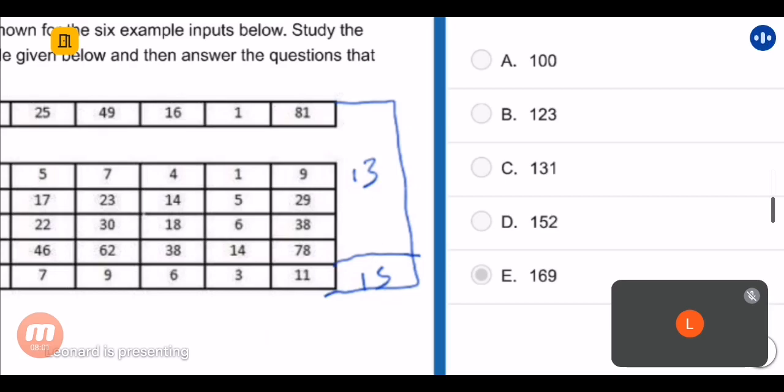Right? Now let me ask you, what's the relationship between 81 and 9? Perfect square. So pay attention to this.